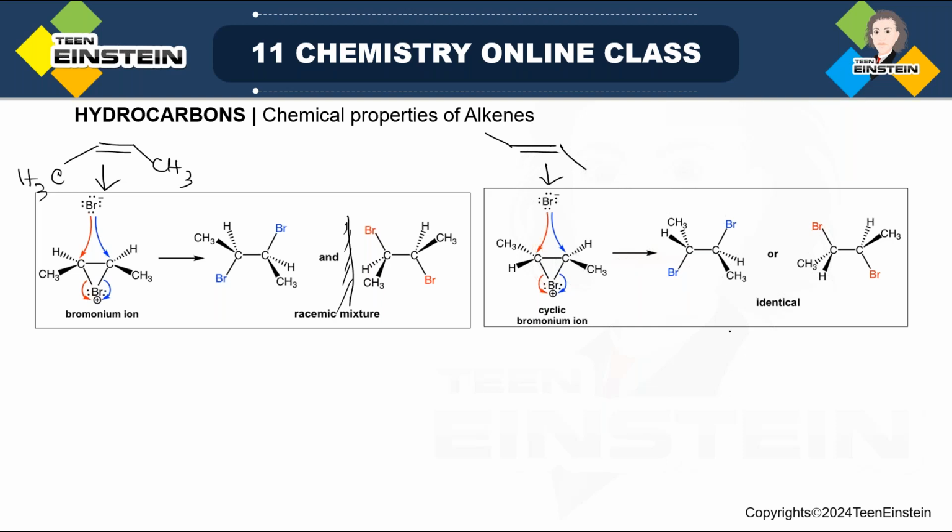Now, if you are having some trouble understanding how these two molecules are the same, you can also convert it to sawhorse. In that also you will be able to understand. So if I am converting it to sawhorse, suppose you are looking at the molecule, your eye position is somewhere here. So if you are looking from this side, methyl, and if you do the same thing here, H, again you are looking from this direction.